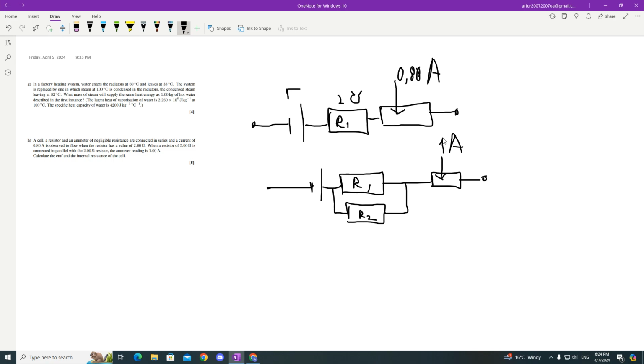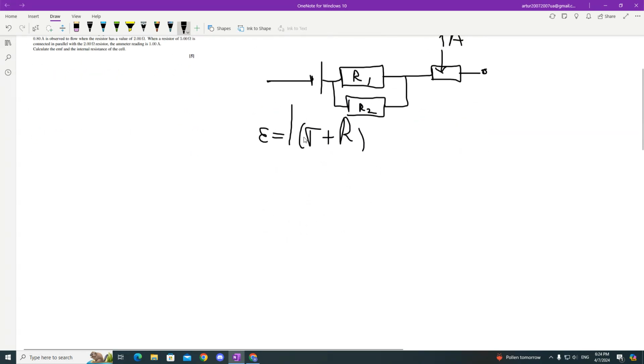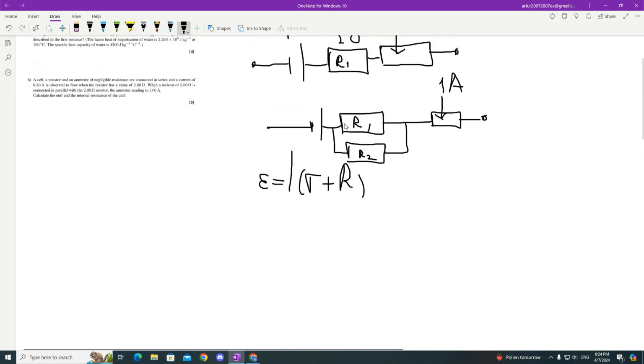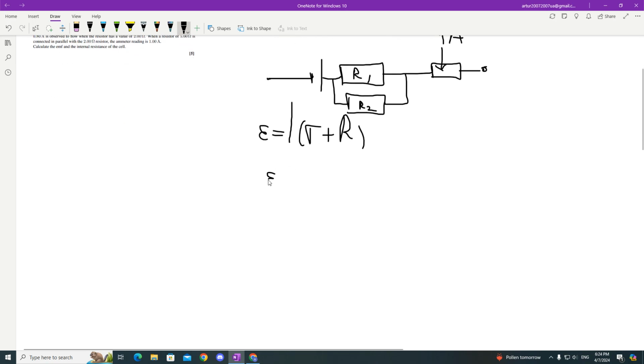So what can we do? We have to find the EMF and the internal resistance. So let's find what is the same. The EMF depends only on the battery, so it doesn't change. Let's recall the formula. E is equal to I times the internal resistance plus the external resistance. So for the first one, because the resistors are in series, they just add up: E is equal to I1 (R plus R1).